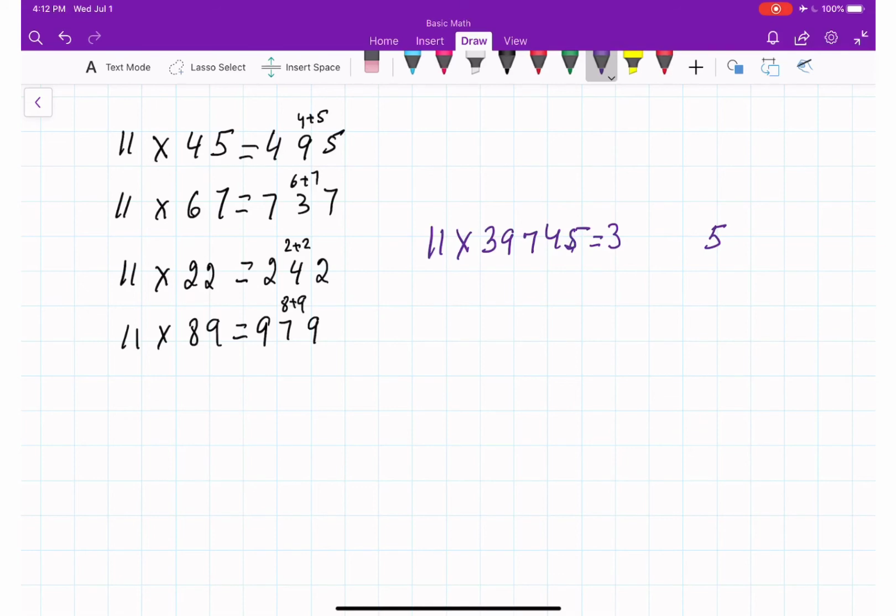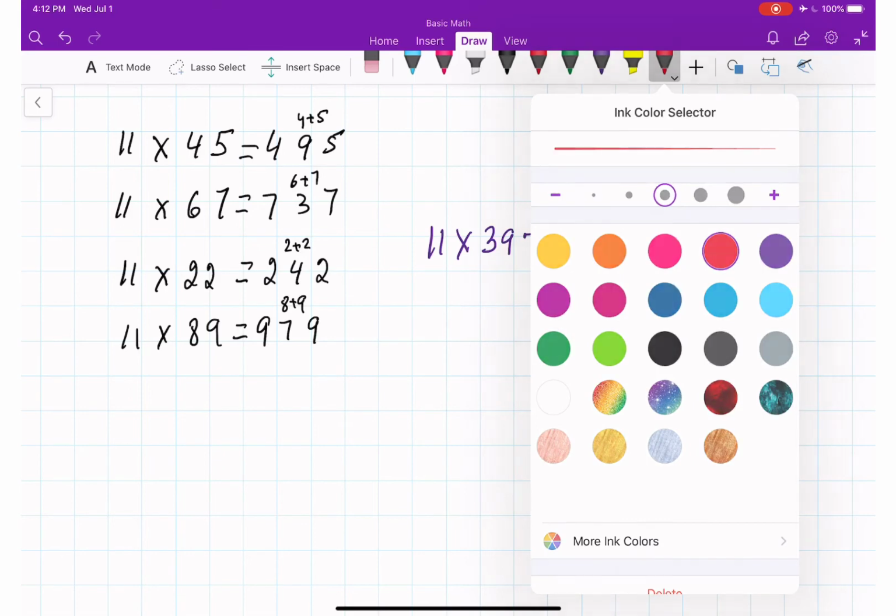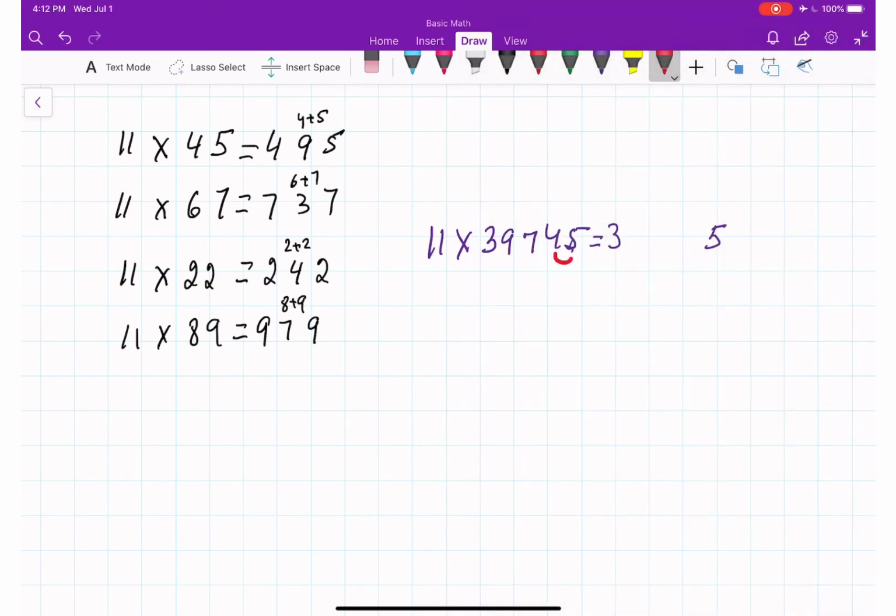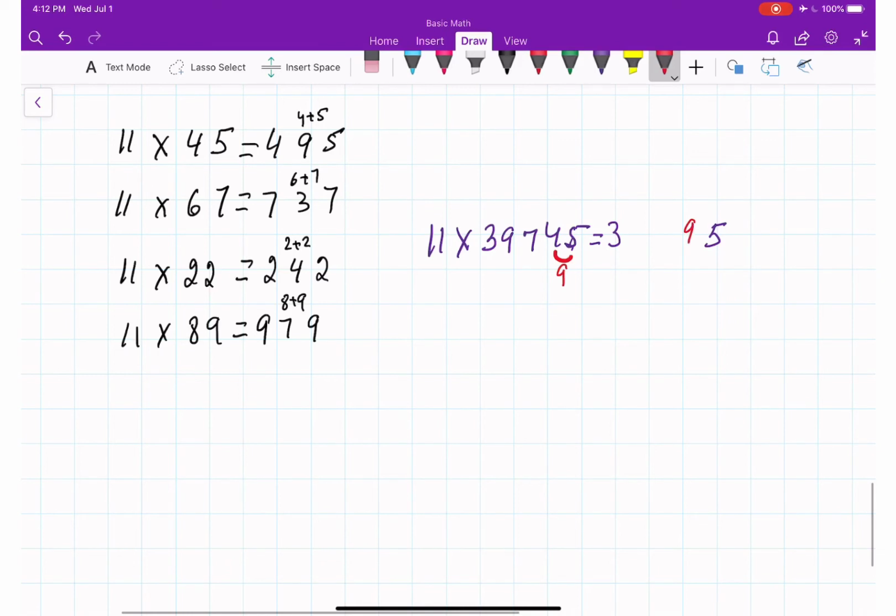So 4 and 5, it's gonna be 9. Okay, next, 4 and 7, it's gonna be 11. Put here is 1, and this one I put, so I can add with the number will come here, 11. Next, 9 and 7, it's gonna be 16. So 1 and 6 is gonna be 7.